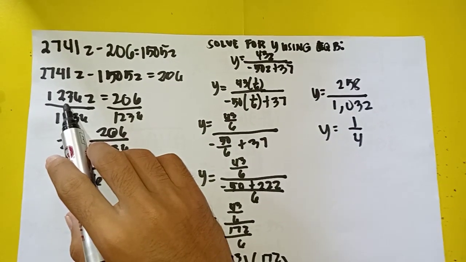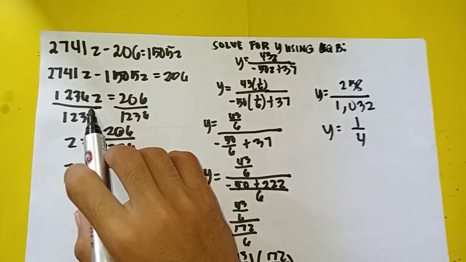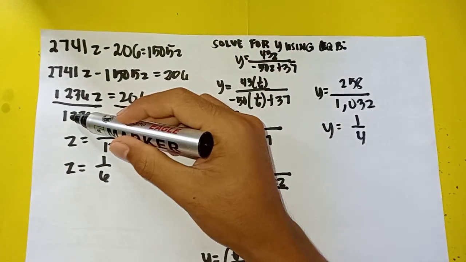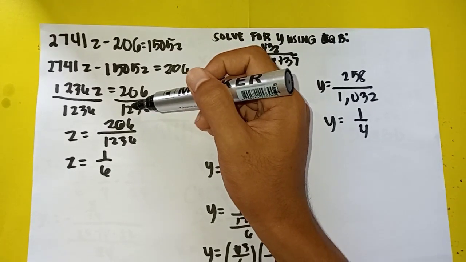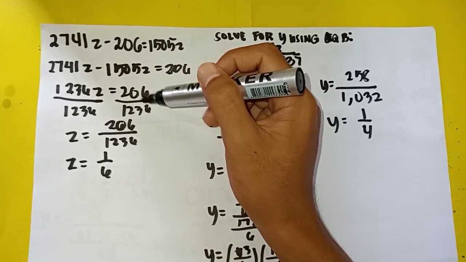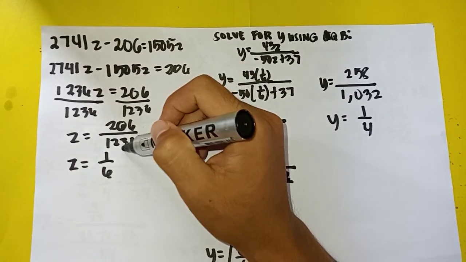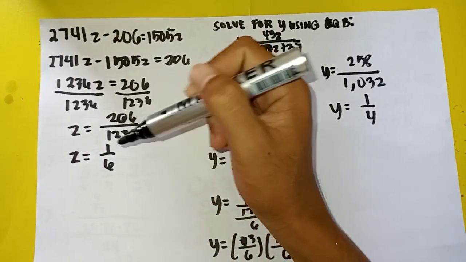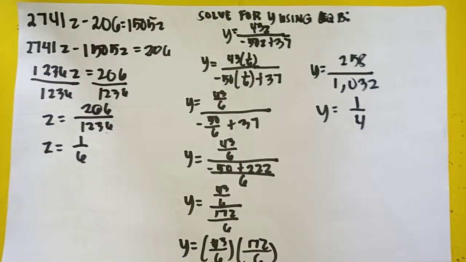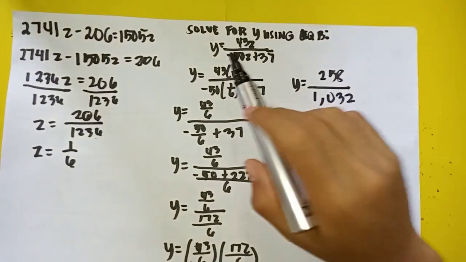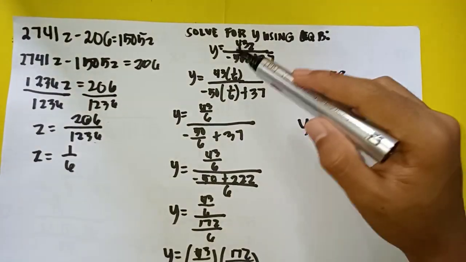So it will be 1,236z equals 206. Divide both sides by 1,236. So z is equal to 206 over 1,236, or simply 1/6.